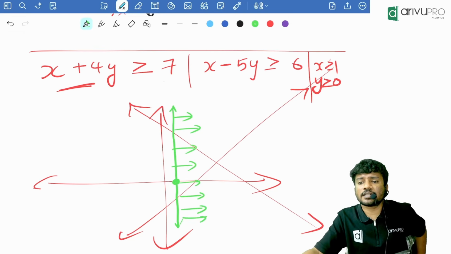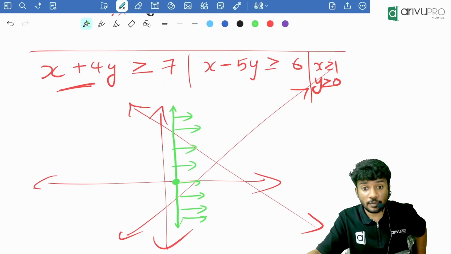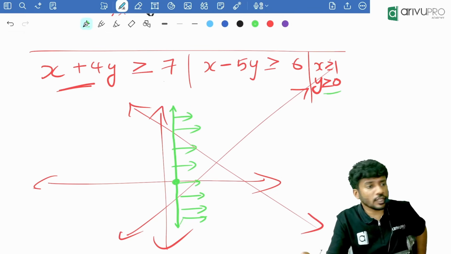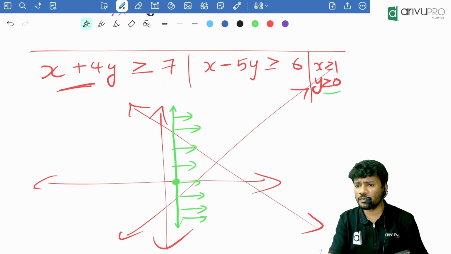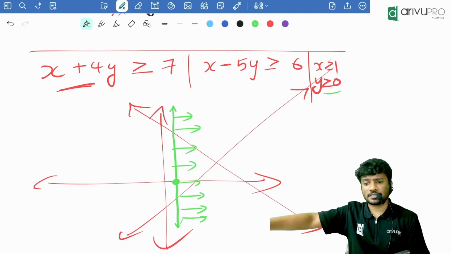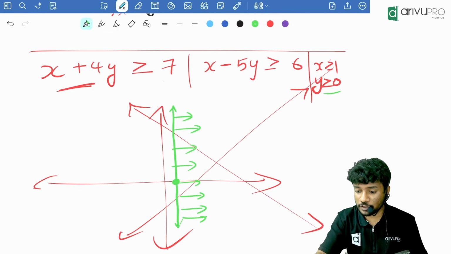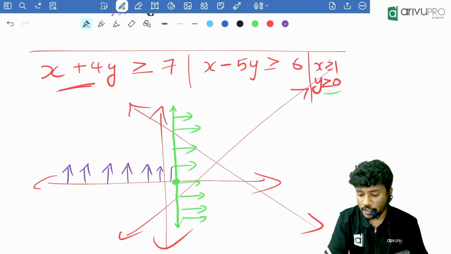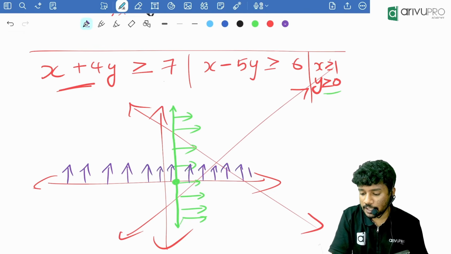Because it is greater than 1, which means it should go towards infinity. Then y is greater than or equal to 0. 0 means it is the x-axis itself. But greater than or equal to 0 means the graph should be up. Y value should not be a negative value, it should be positive. It will be going like this.